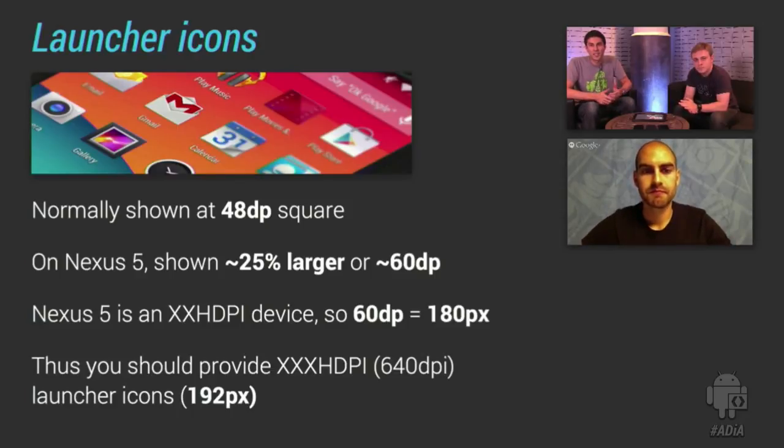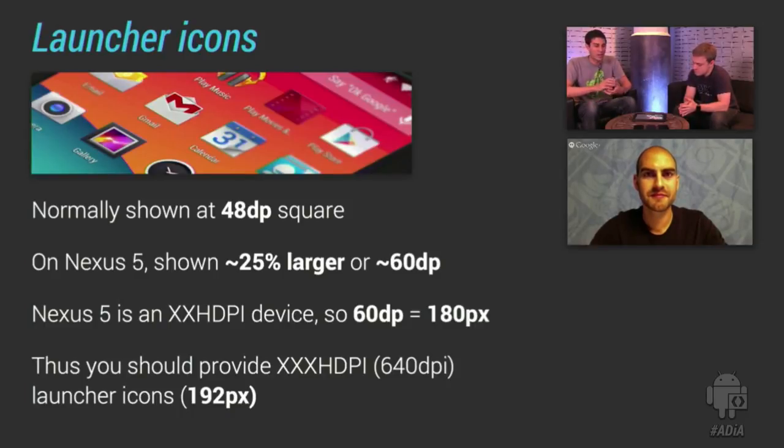And because Nexus 5 is an XXHDPI device, in order for the icons to show at their crispest, you really need to include an XXXHDPI or 640 DPI icon. Yes, we really just said that. So the actual pixel size of that icon is 192 pixels. And this is somewhat similar to how tablets behaved previously with their launcher.